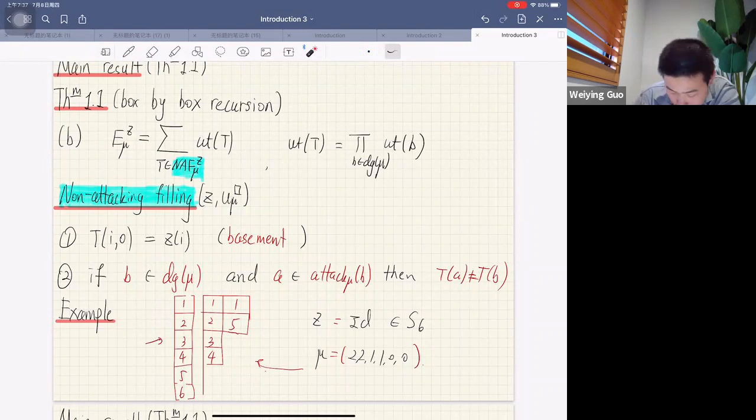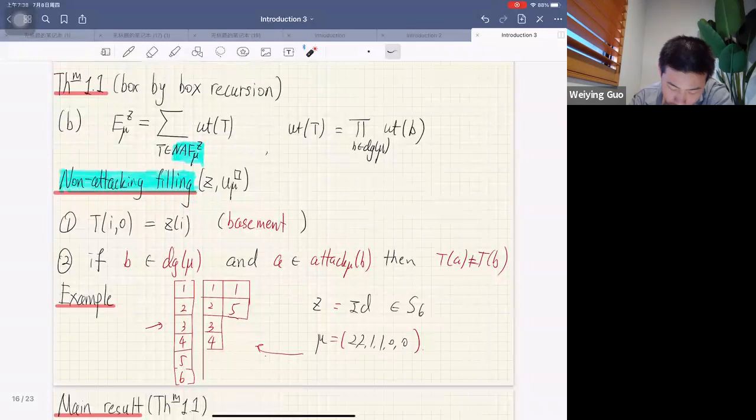We see that the box with 1 here is not the same as 2, 3, 4, so they are non-attacking. The attacking boxes all have different fillings. And the box containing 5 has attacking boxes 5, 1, 3, 4, and they also have different fillings. So this is the basic idea of a non-attacking filling.